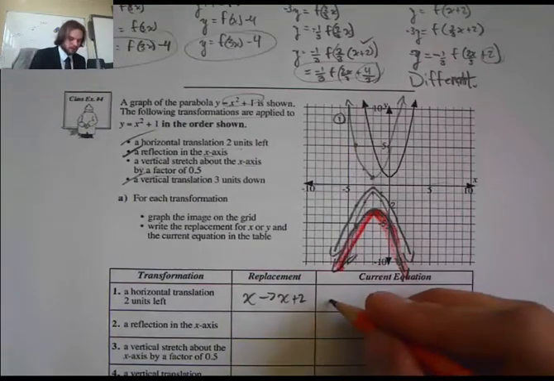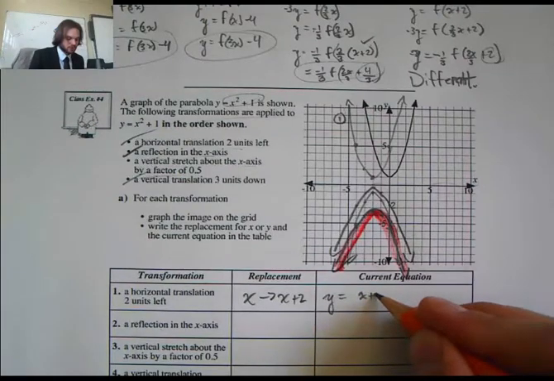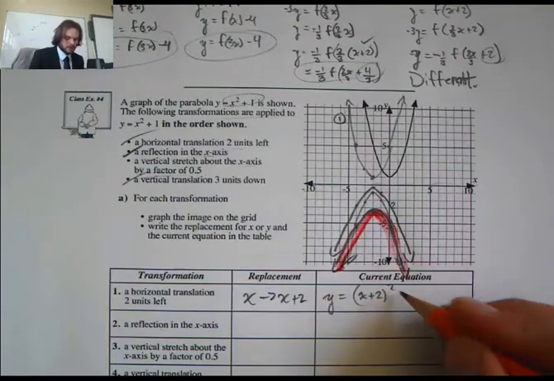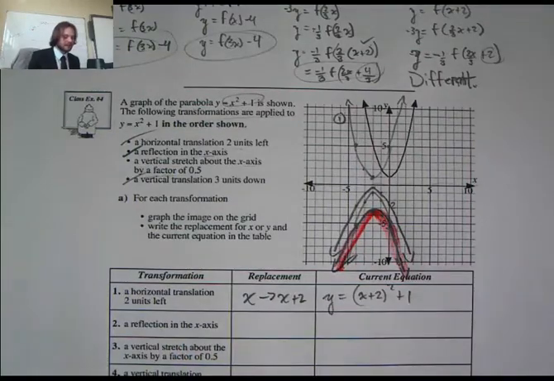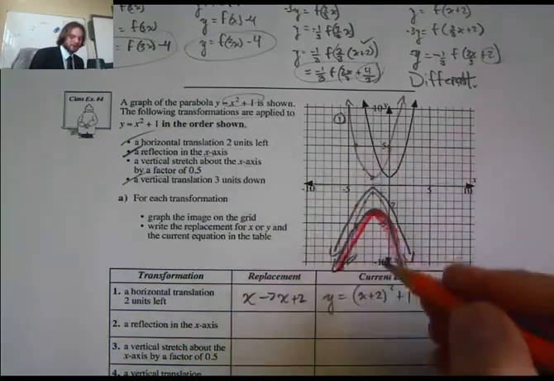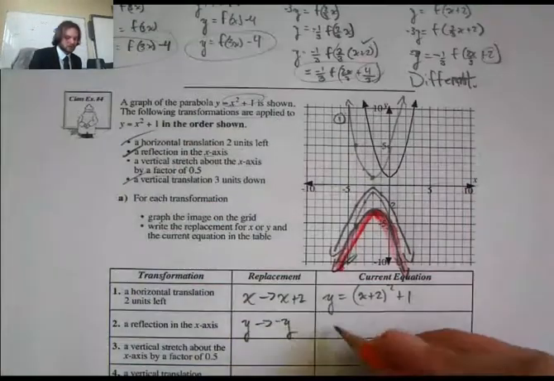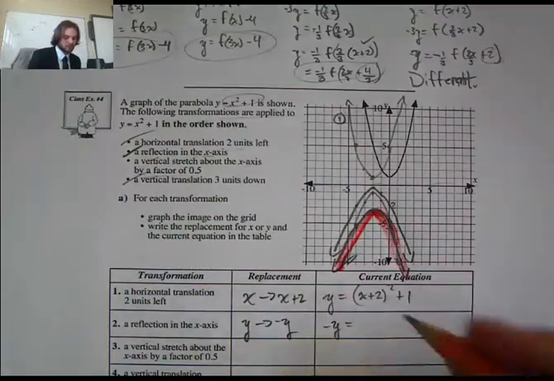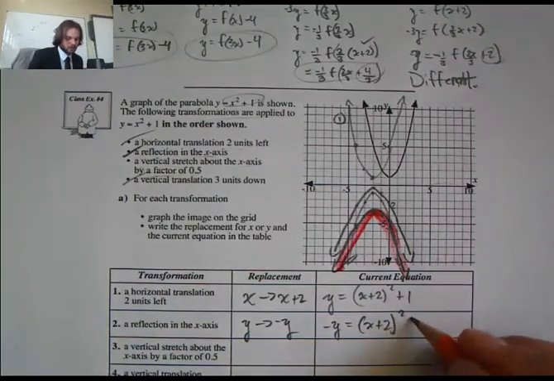We end up with y is equal to x plus 2 squared plus 1. Now it says a reflection in the x-axis. So my y's are getting switched. So y is replaced with negative y. So we get negative y is equal to x plus 2 squared plus 1.